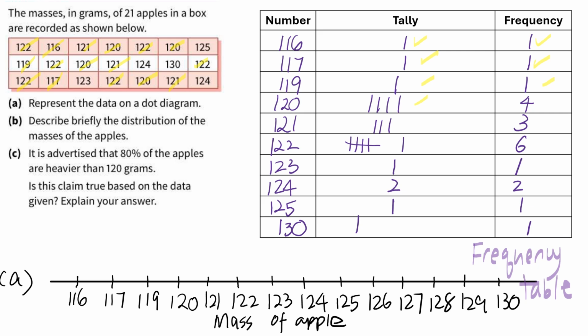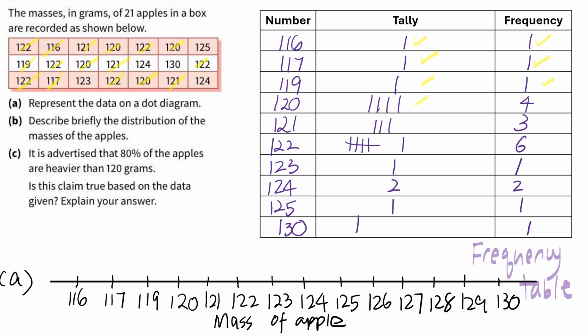Meaning if you look at the frequency table, there's no apple that has mass 126, 127, 128, 129, but you do not skip them. When you arrange all these numbers on the number line, you must arrange them in ascending order. So 116, 117, 119, 120, 121, 122, 123, 124, 125, 126, 127, 128, 129, and the last one is 130.